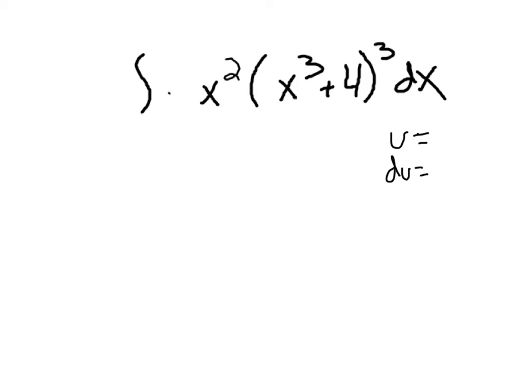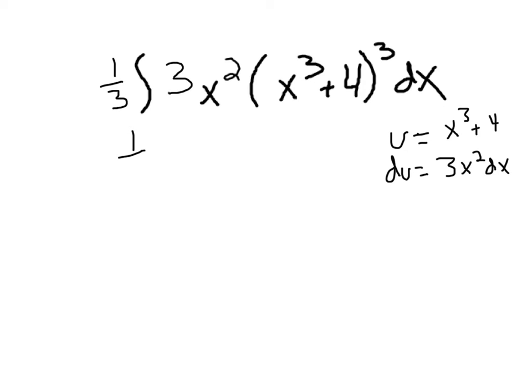Alright, so u is the in, that would be x cubed plus 4. du is equal to 3x squared dx. So I need a 3 in my integrand, so a 1/3 out in front, so they cancel.